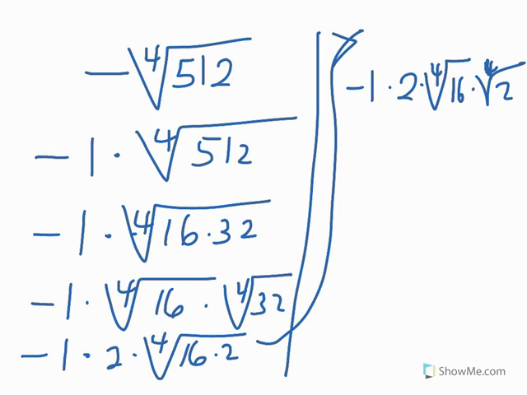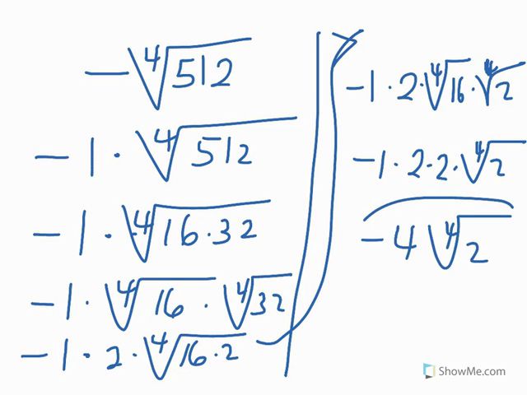I hope you're seeing this well. So this is -1 times 2 times 2 times 4th root of 2, which is now -4 4th root of 2. The same thing, but this is more tedious.